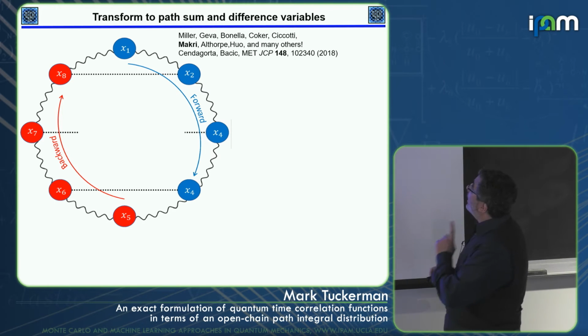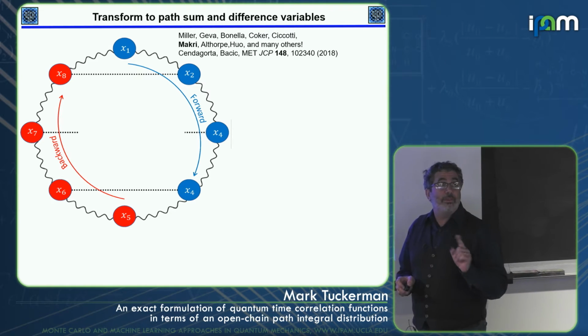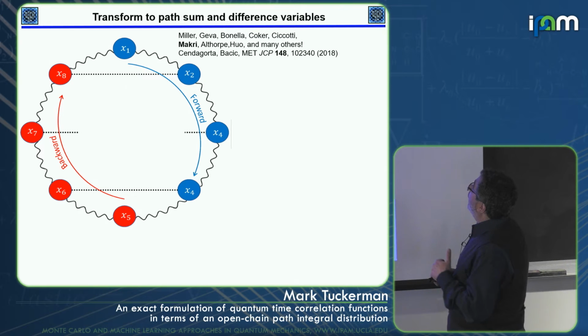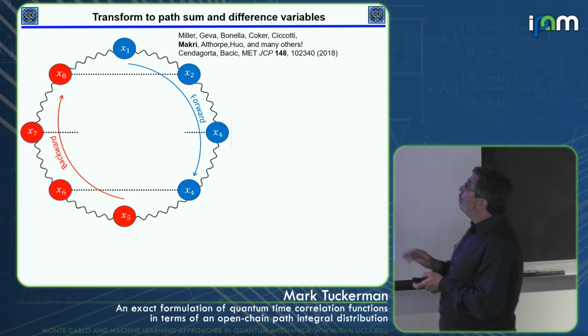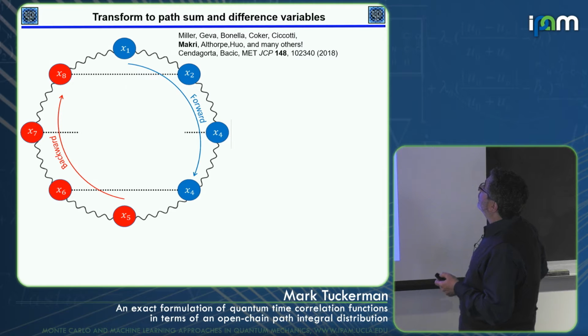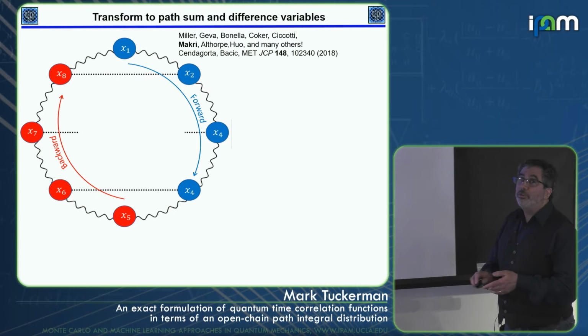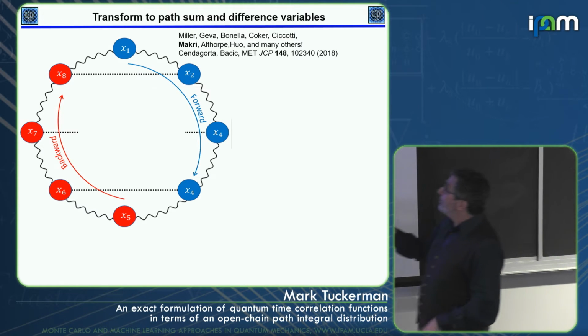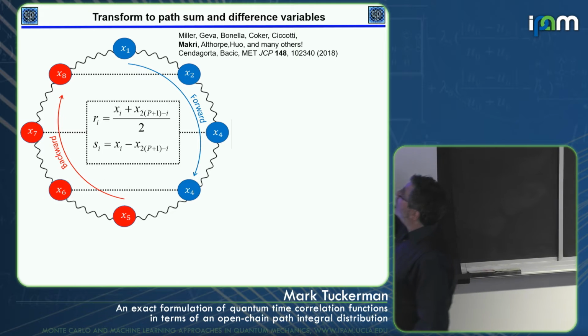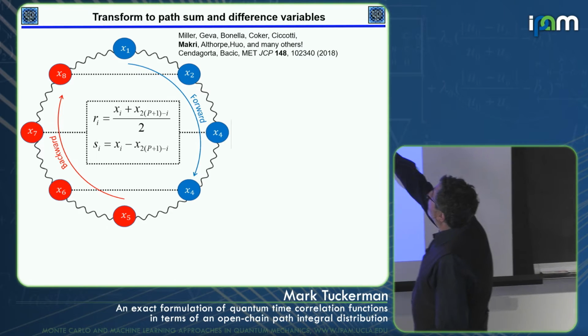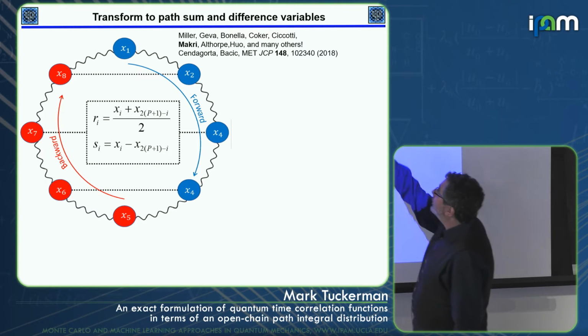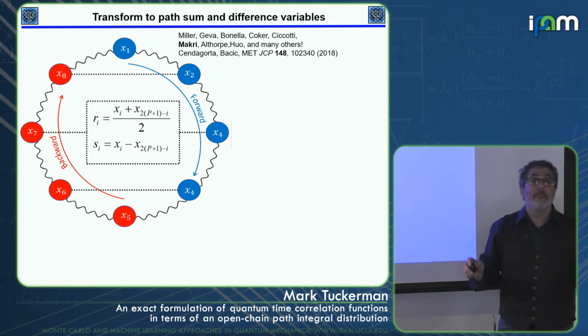But now let's imagine doing a transformation of this path integral. The kind of transformation we're going to use is motivated by work that goes on in the semi-classical community that assumes that the difference between the points on the forward path and the points on the backward path are rather small. All right?